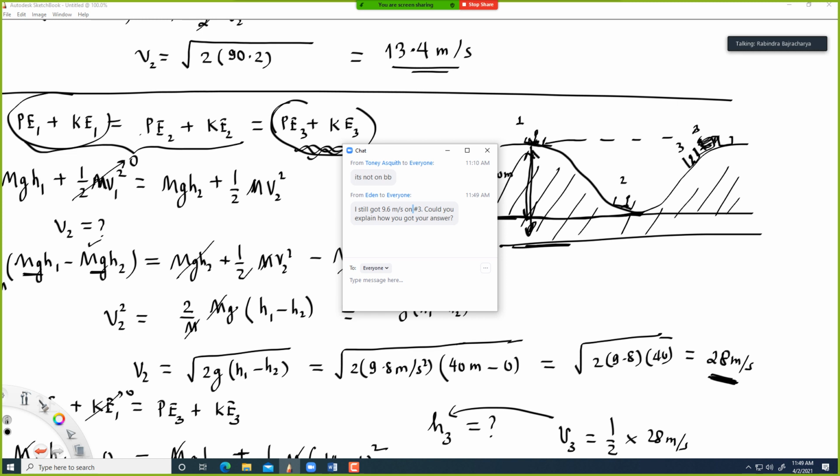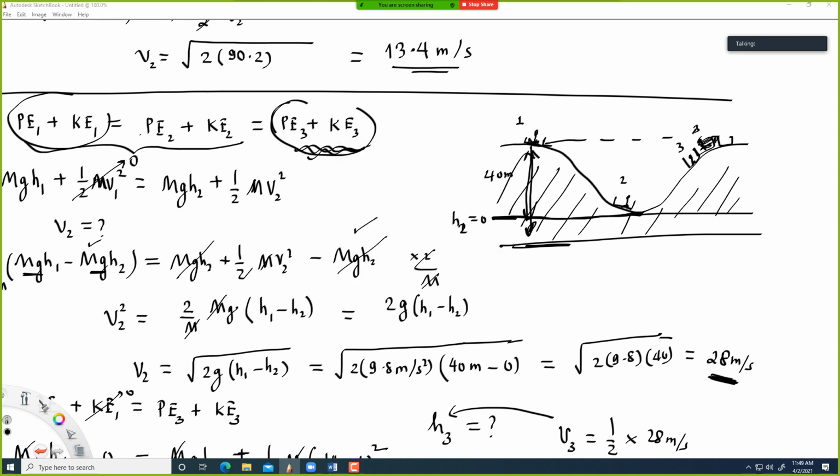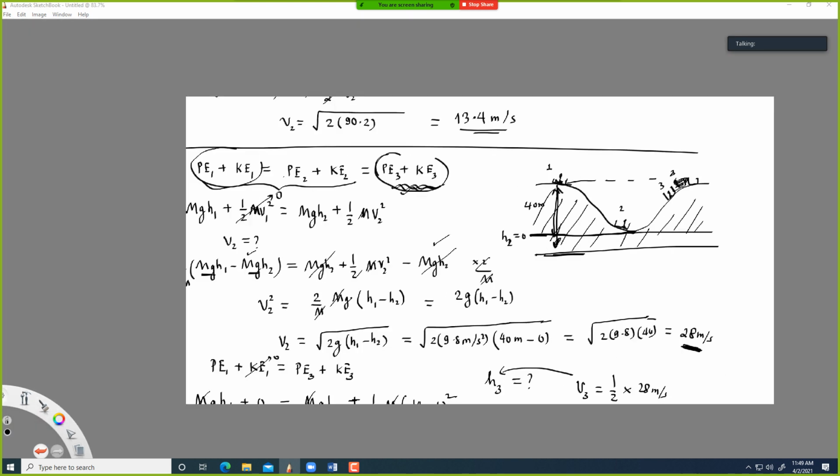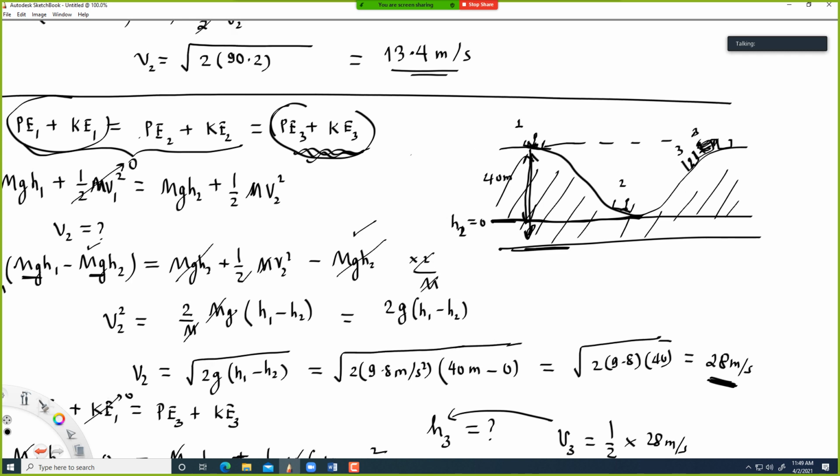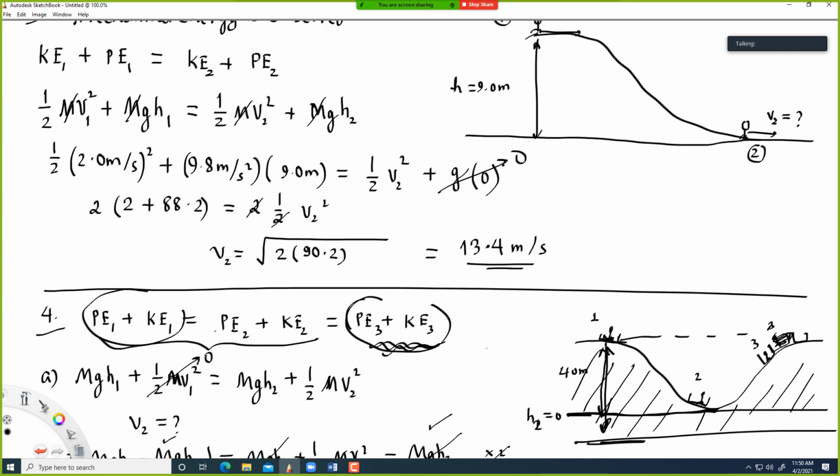9.6 meters per second on number 3. So let's see.